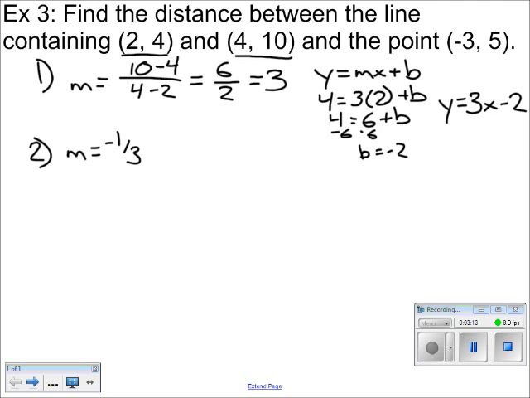Okay, now I'm going to do y equals mx plus b again, but which point do I have to use this time? Yeah, the (-3, 5). So what goes in for y? 5. Yep. So 5 equals negative 1/3 times negative 3 plus b.